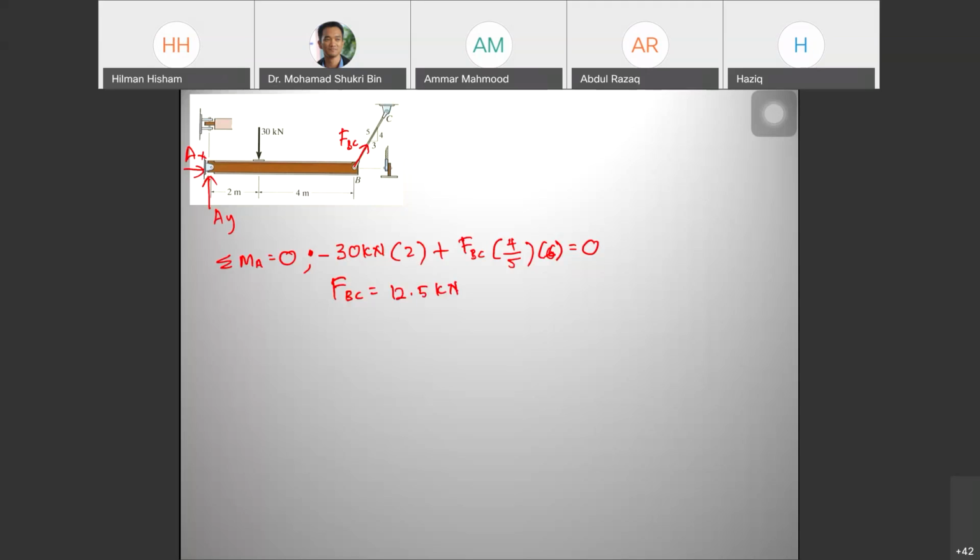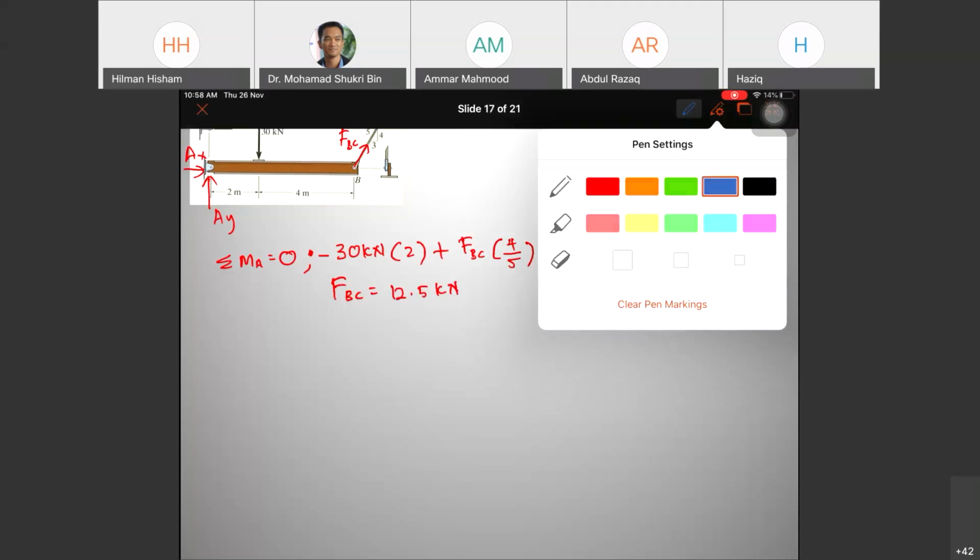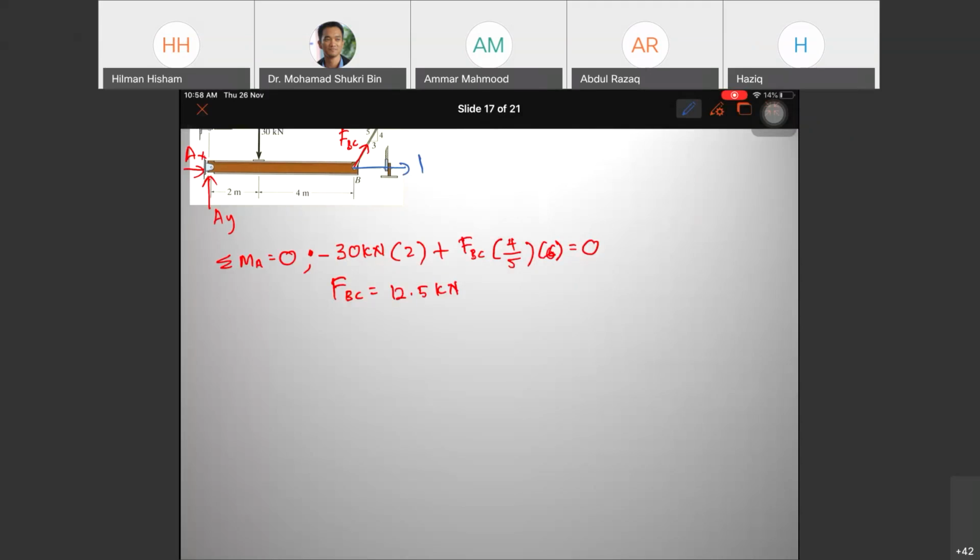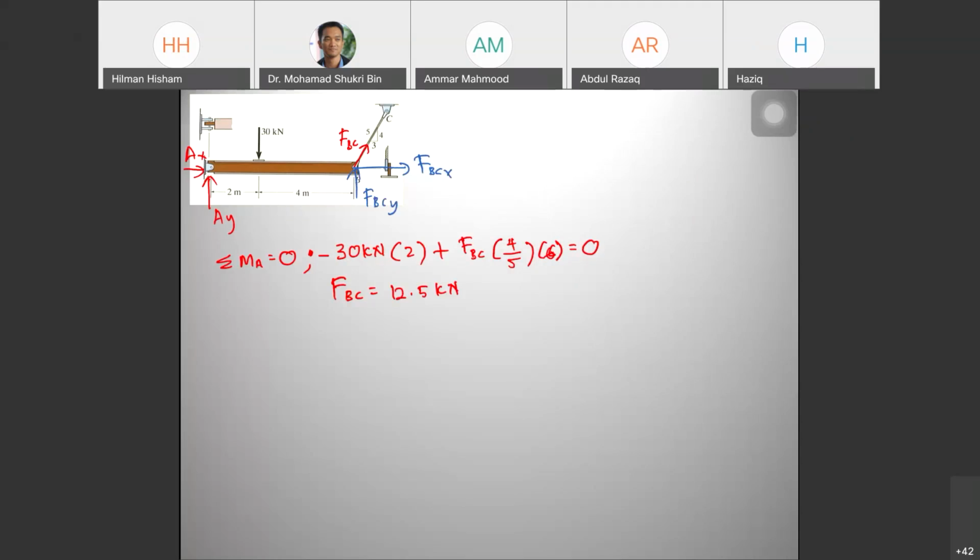Sir, can you repeat why AY doesn't have moment? FBCY has moment, FBCX doesn't have moment because it's in one line here.